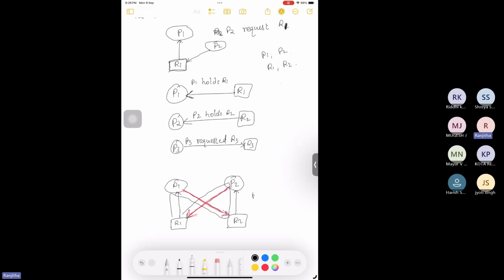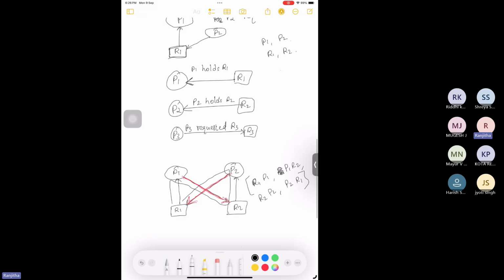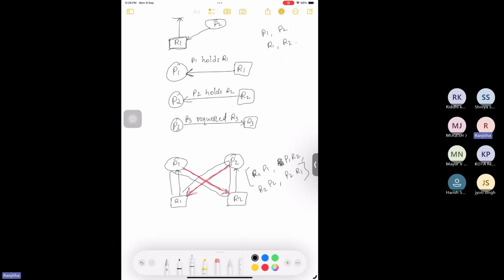So R1, P1, then P1, R2. These are the edges, the order in which we traverse. Then R2, P2, and P2, R1. So this forms a cycle here. So if the resource allocation graph has a cycle, then we can say that there is a deadlock.